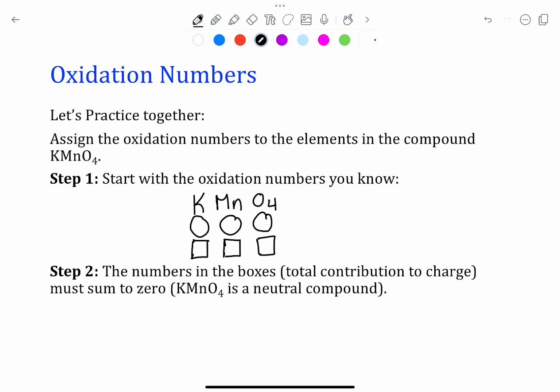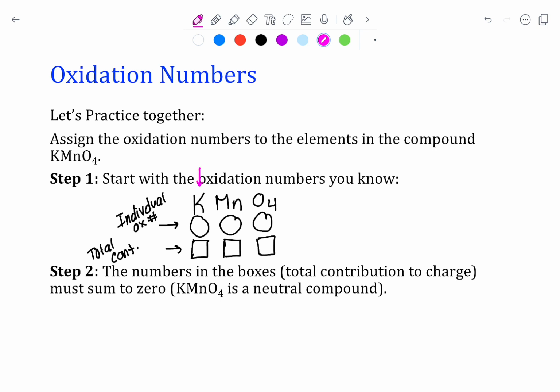The circles are going to be the individual oxidation numbers, and the squares are going to be the total contribution. Okay? So the first thing you want to do is start out with the oxidation numbers you know.